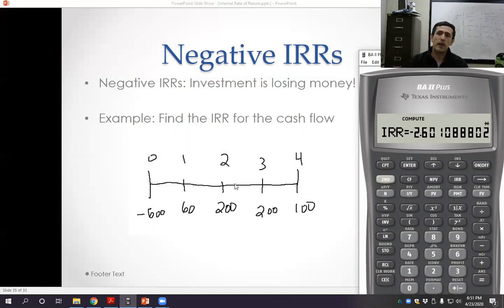So negative IRRs, sometimes they just happen. You still want to maximize your internal rate of return so that you minimize your losses, time valued.